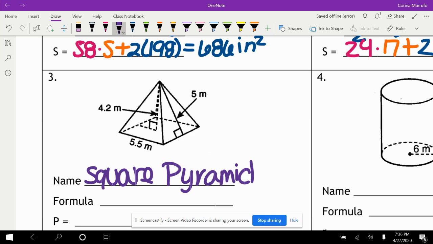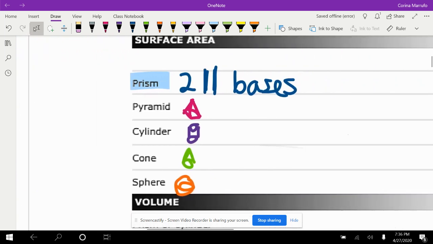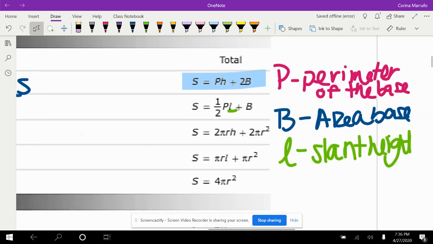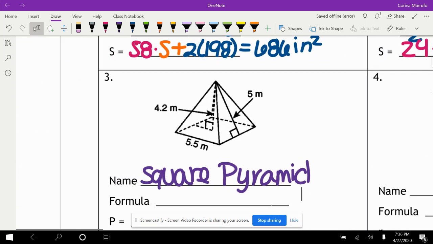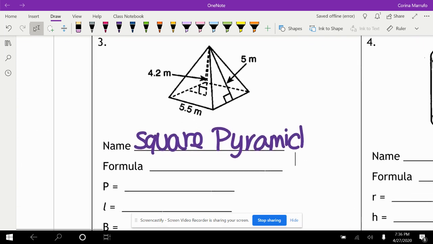Right. So then from there, we're going to use our formula for a pyramid. So if we look here, our pyramid is 1/2 PL plus B. We only have one base, so that's why it's just 1B.